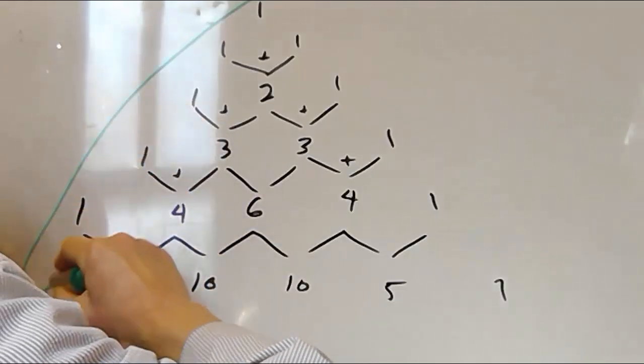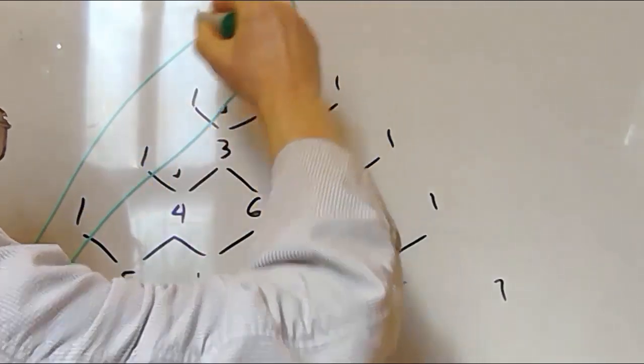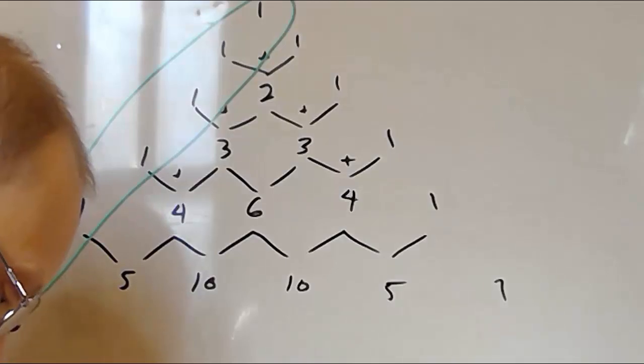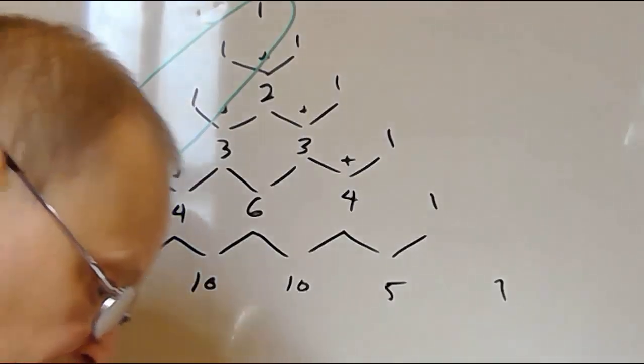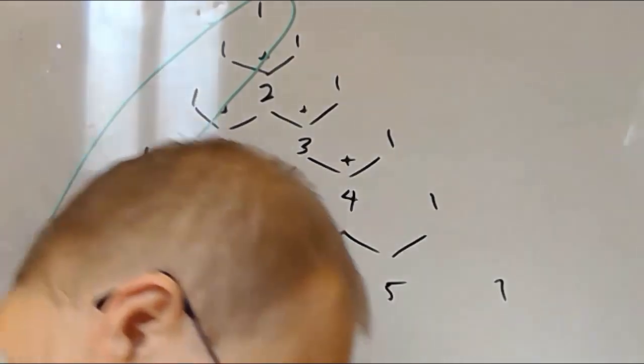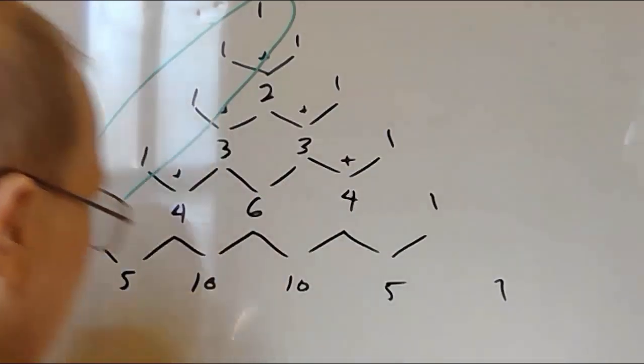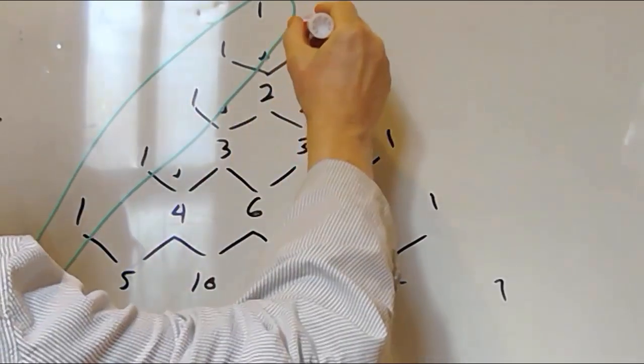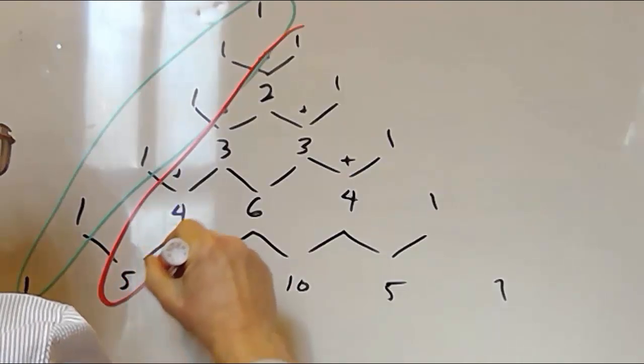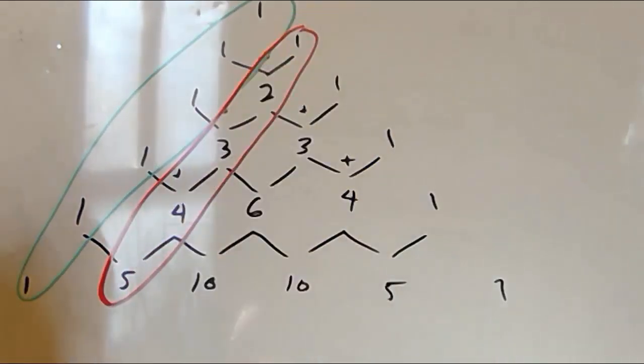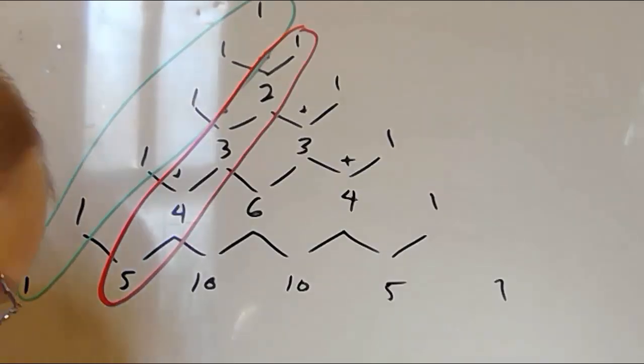Here we have the units. And we also have our counting numbers, and we're going to discuss a little bit more about our counting numbers. So here we have 1, 2, 3, 4, 5. These are counting numbers.